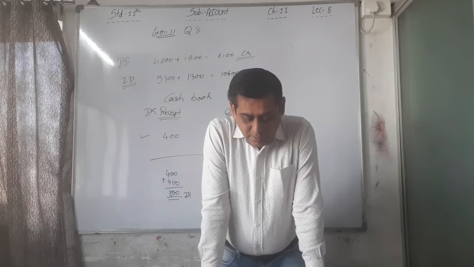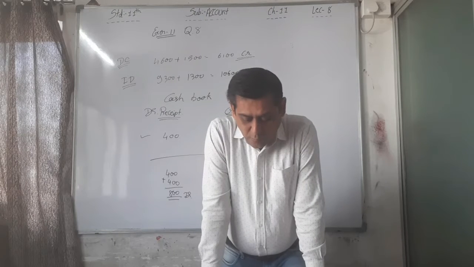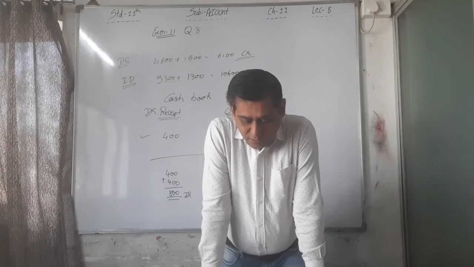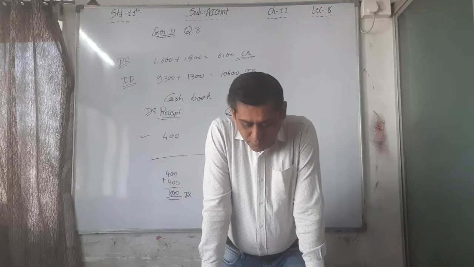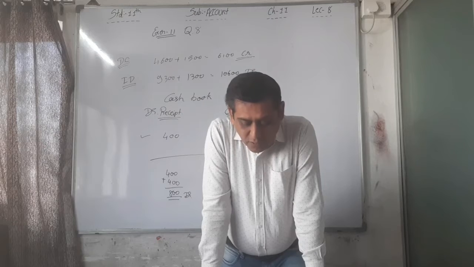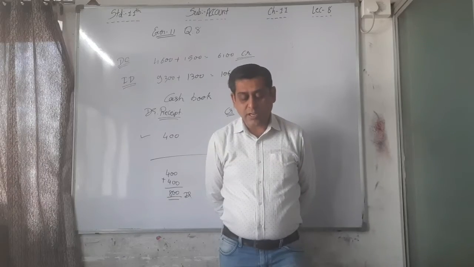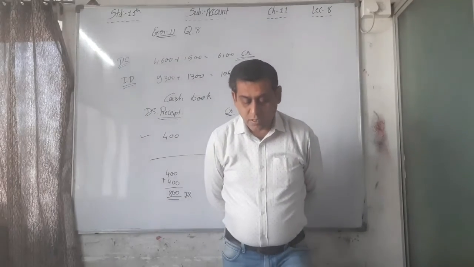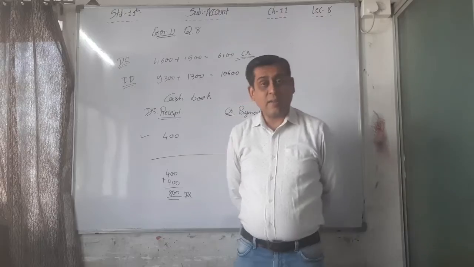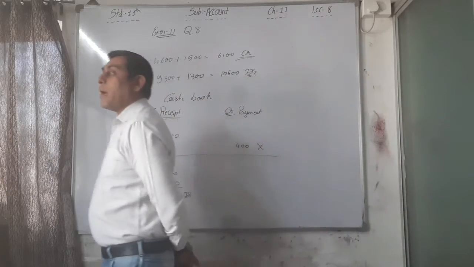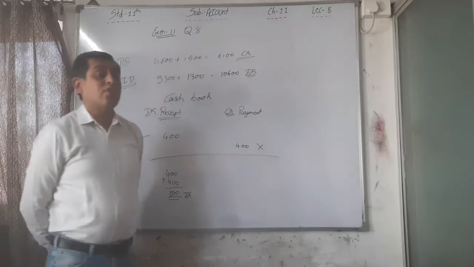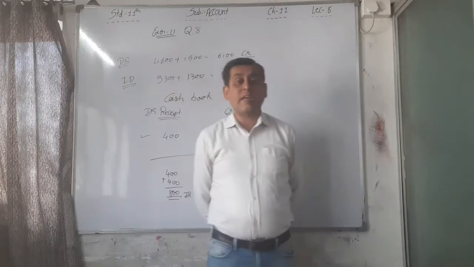Bank has collected the bill of rupees 3000 sent to the bank for collection, and charges of 100 for the same. This transaction is not recorded in the cash book. Here 3000 is collected, so 3000 is credited by the bank and 100 for the charges is debited by the bank.